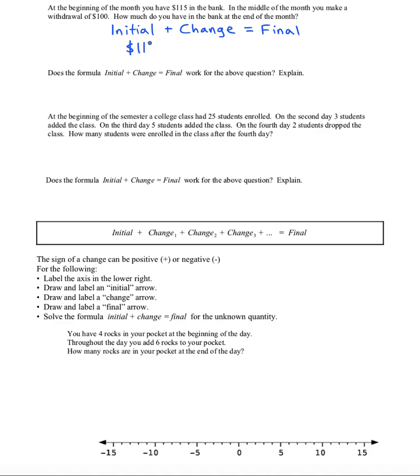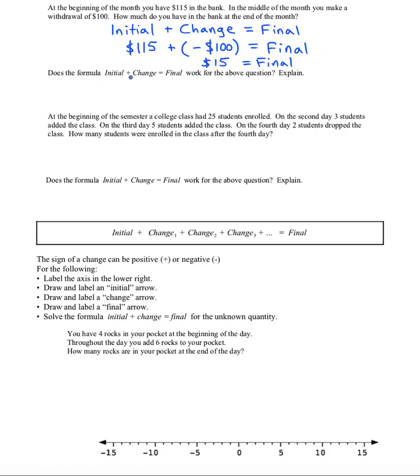So you start off with 115. We're going to make a change of negative 100. And we can solve for the final. The final is $15.